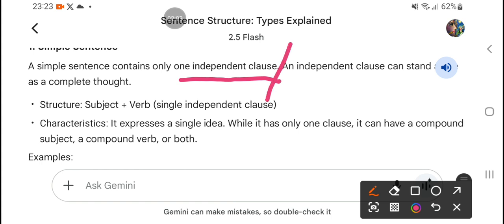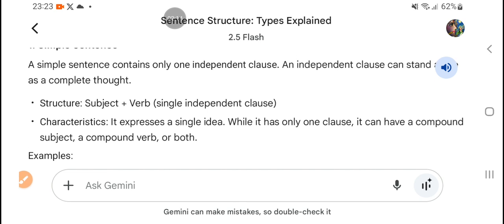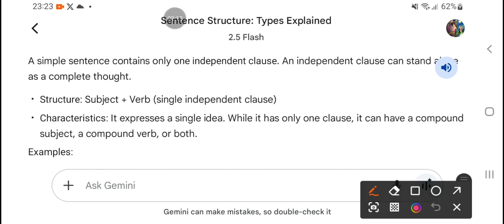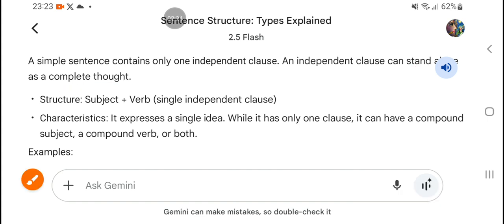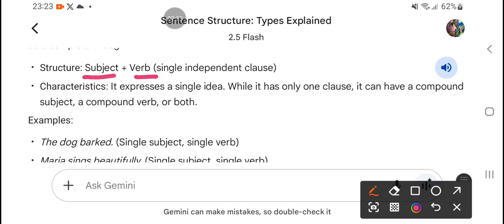An independent clause can stand as a complete thought. Because it's independent, it can stand alone as a complete thought, right? So the structure is subject and verb, a single independent clause.